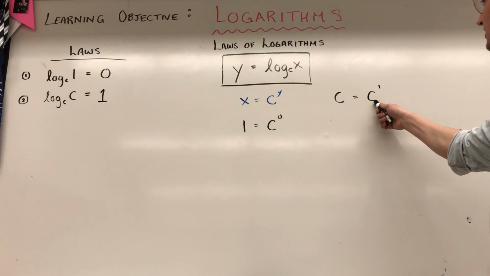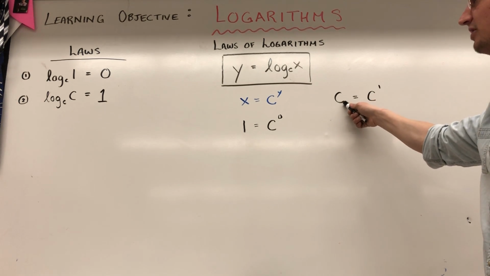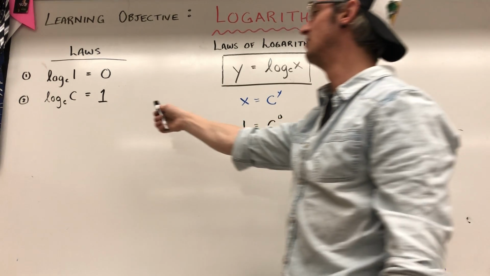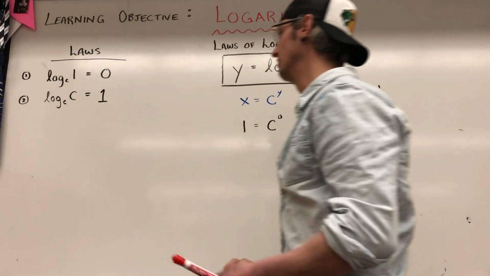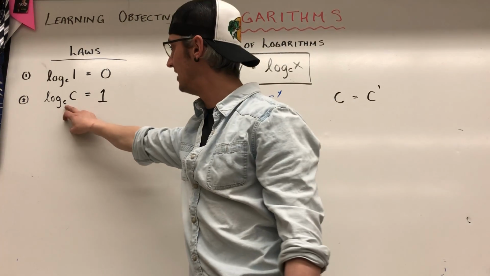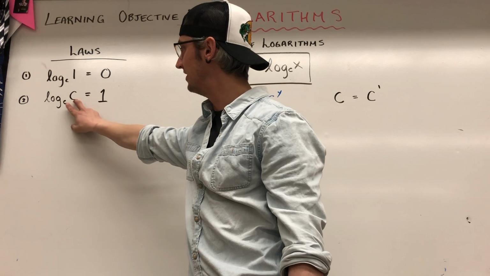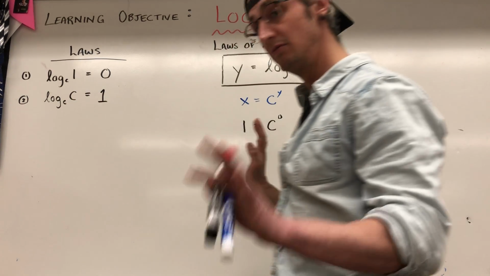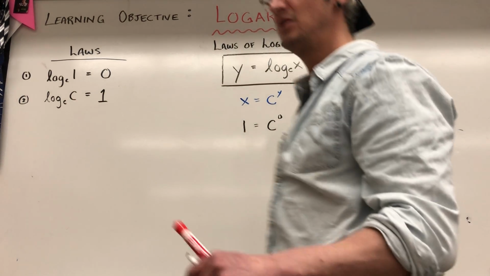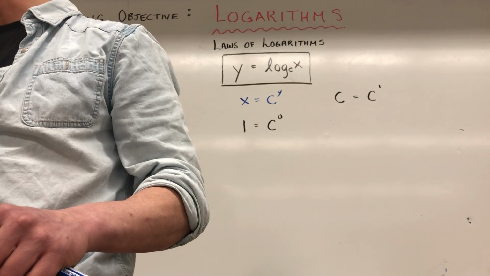And I know that any number to the power of 1 is just equal to that same number. So this is just another way of writing that, using our logarithm. When my base and whatever I'm taking the logarithm of are the same, it's equal to 1. Two quick and dirty, helpful laws.